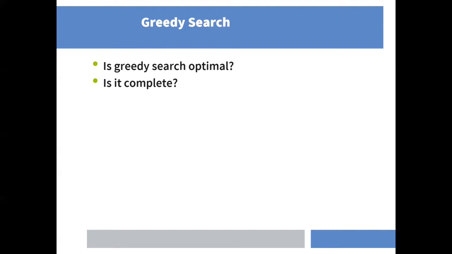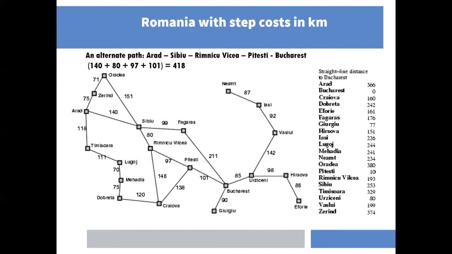So is greedy search optimal? Is it complete? Let's try to look at some example to know if it's optimal. The total path cost that we got from using greedy search is 450.